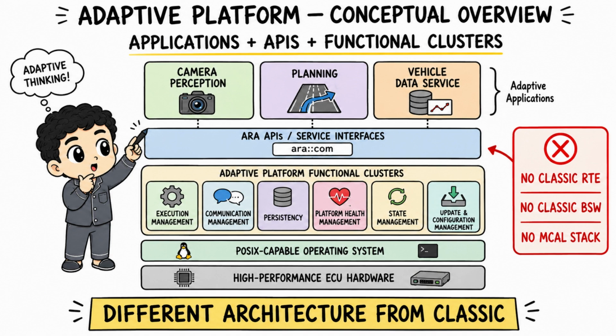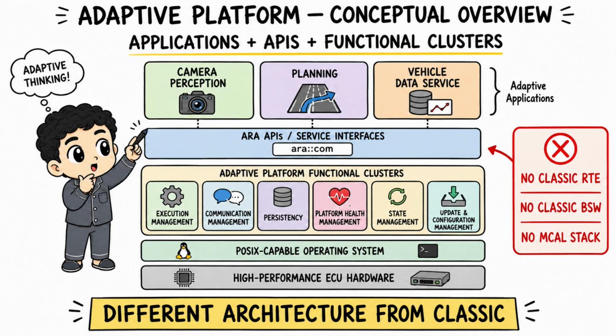Under this application-facing environment are functional clusters. A functional cluster groups related adaptive platform functionality. Examples include execution management, communication management, persistency, platform health management, state management, update and configuration management, diagnostics, cryptography, and time synchronization.